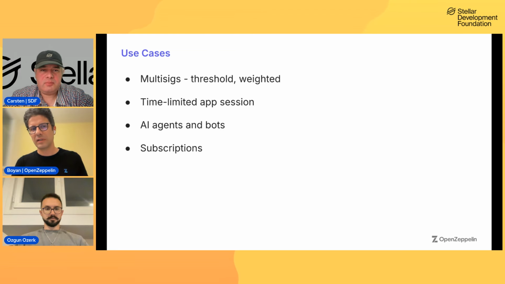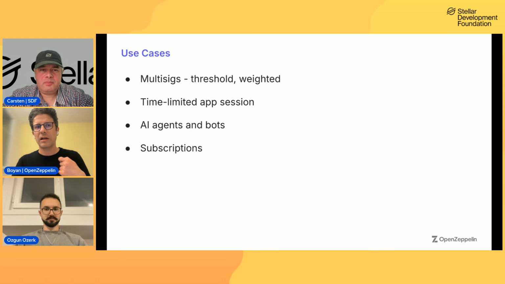With this setup, we can have time limited app sessions. For example, you install a context rule that is specific for a specific app and it's valid just for 1 day. So you can interact with this app without needing to approve any further transactions.